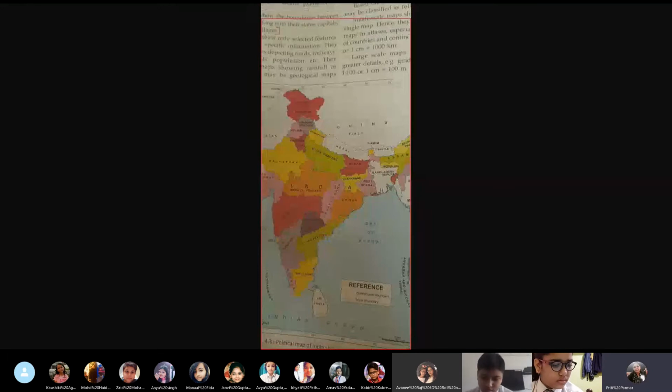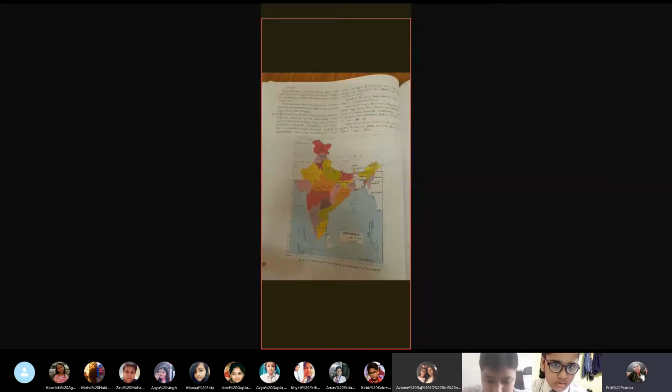Now, usually at the top corner of the map, you will see that the direction or cardinal points are marked by the vertical line with the narrow line showing N pointing to the north.